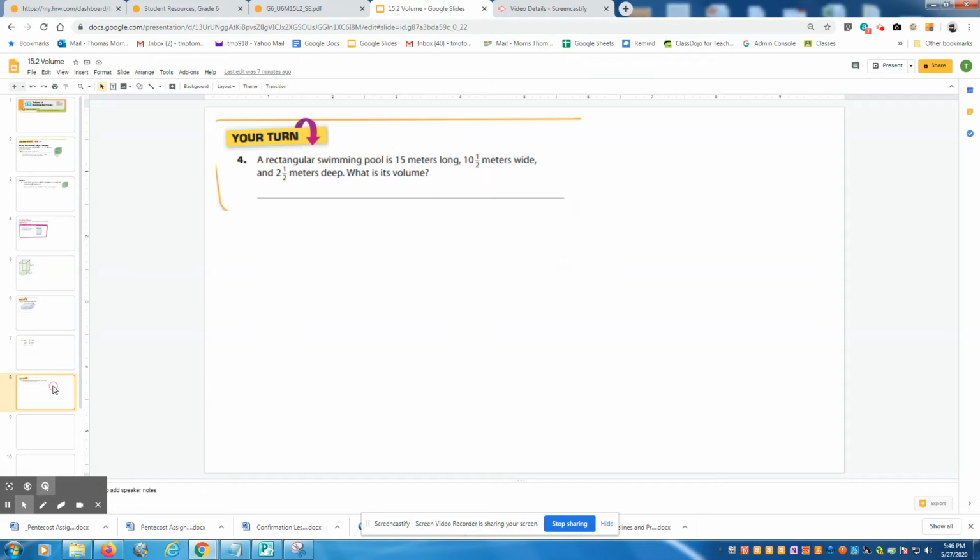All right, and then the last type here, there's another one, a little word problem type. You're going to be given a type of problem that has 3 dimensions. So here we have a swimming pool. You could draft it if you wanted to, and you can just label your sides in. It's 15 meters long. It's 10.5 meters wide.